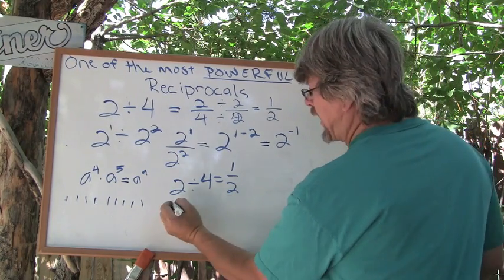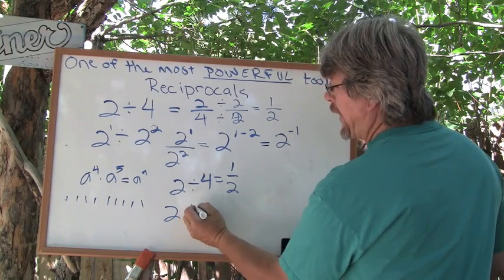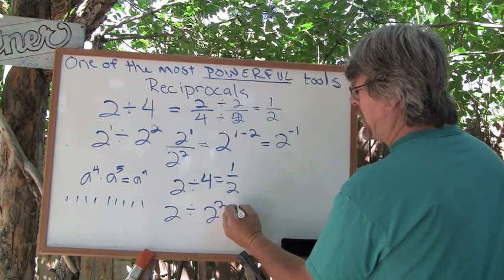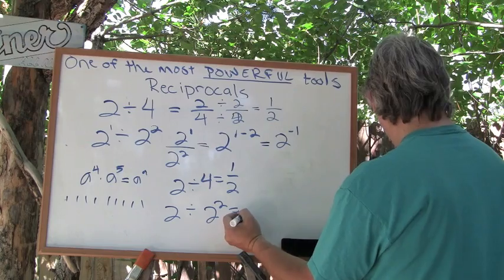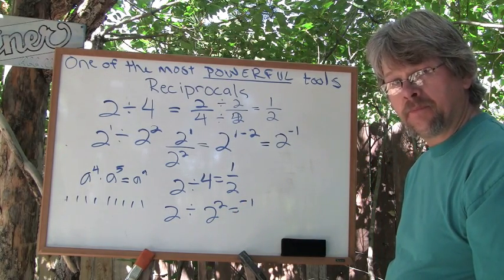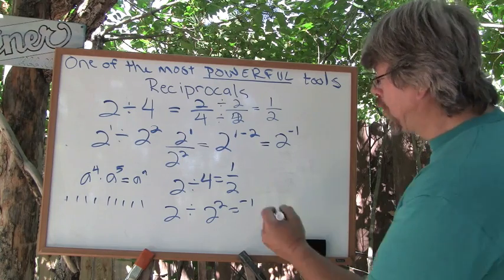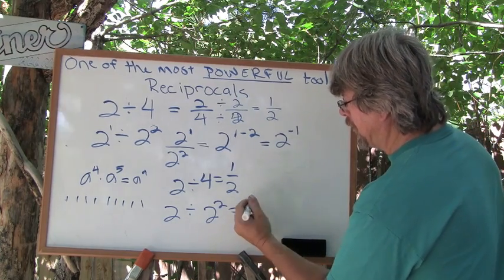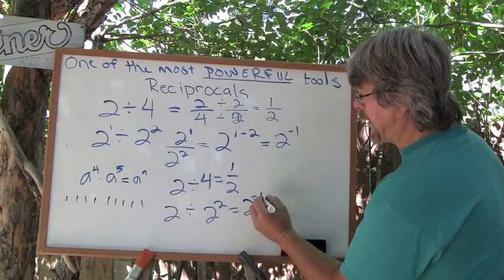And we agree that 2 divided by 2 squared equals 2 to the negative 1.